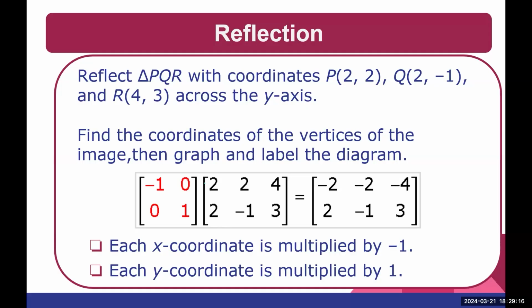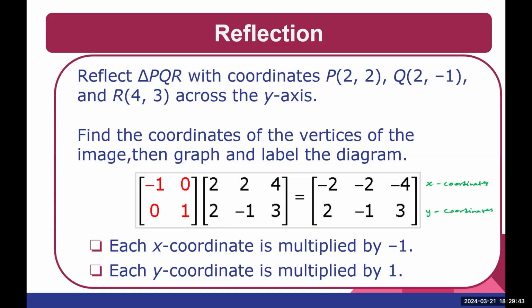So it might look a bit scary here, seeing it in red and as a 2 by 2 matrix. But everything in the first row represents our x coordinates. Everything in the second row represents the y coordinates.